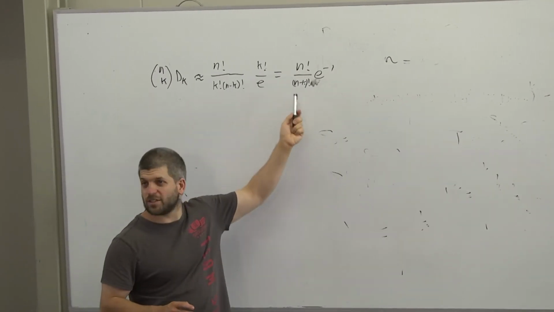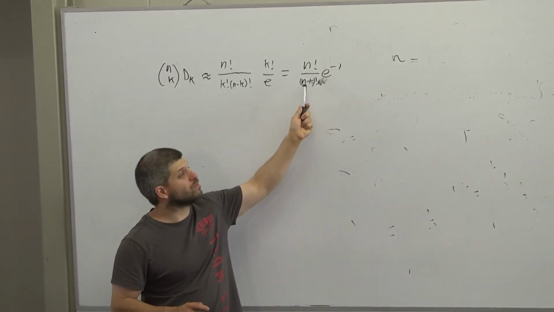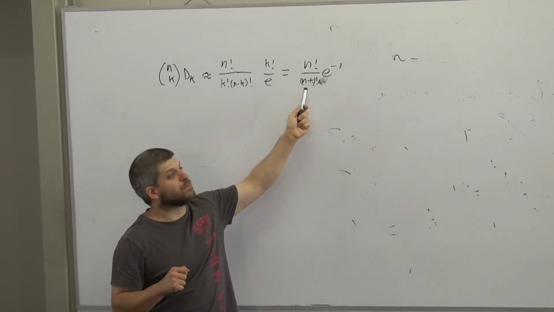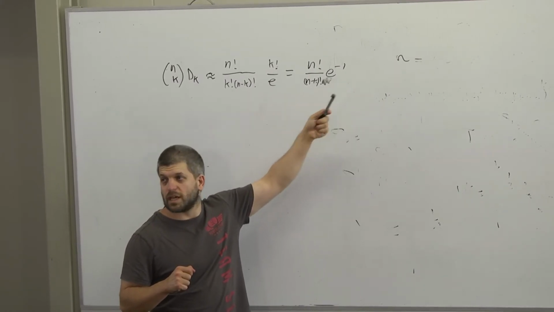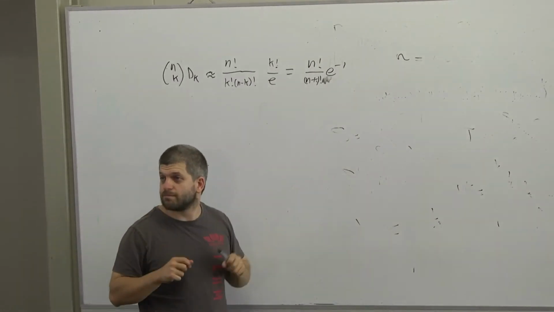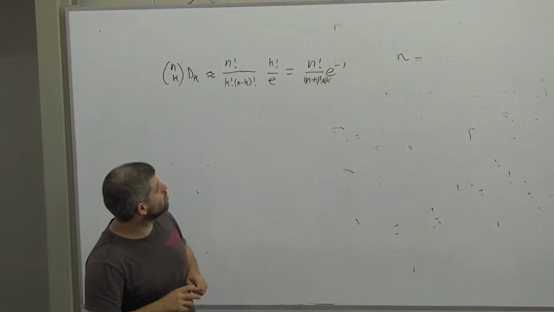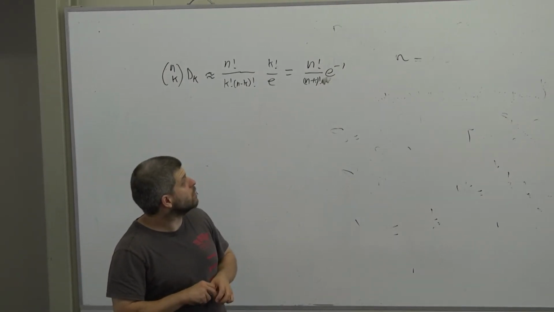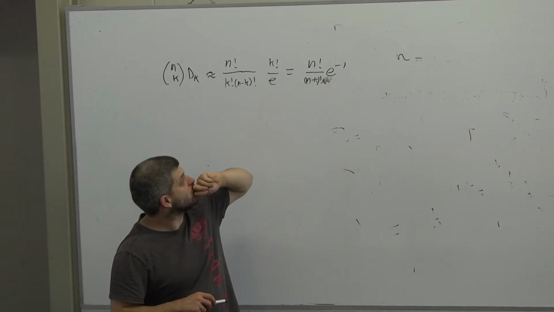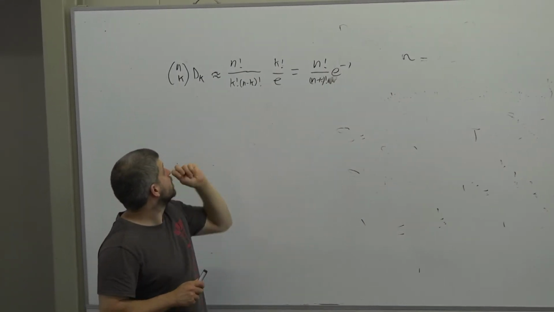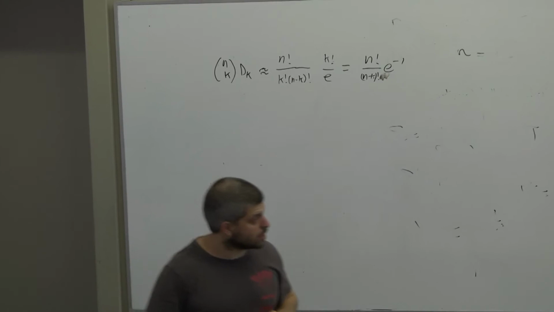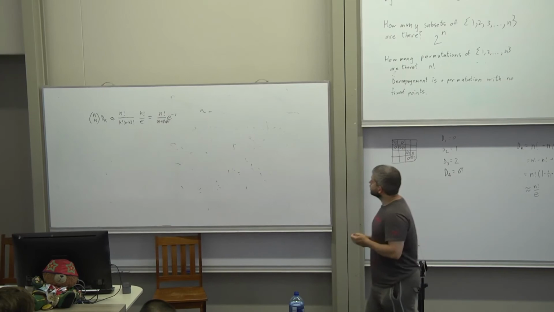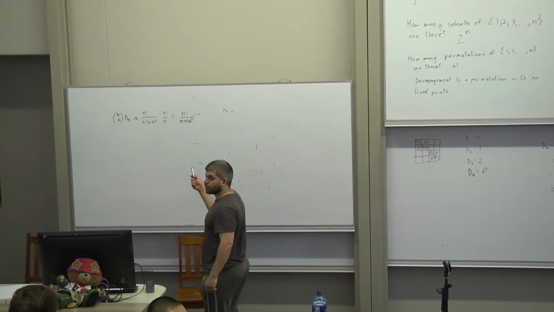So your chance of getting k fixed points is 1 over n minus k factorial times e. Unless I made some mistake. For k equals 0, they cancel. So for k equals 0 it is e to the minus 1.